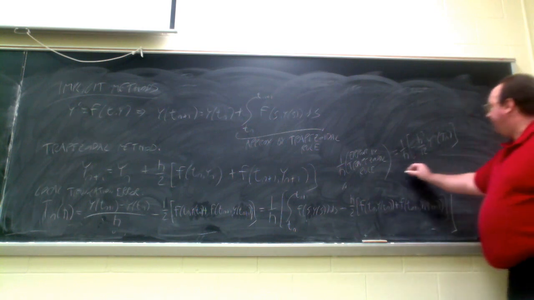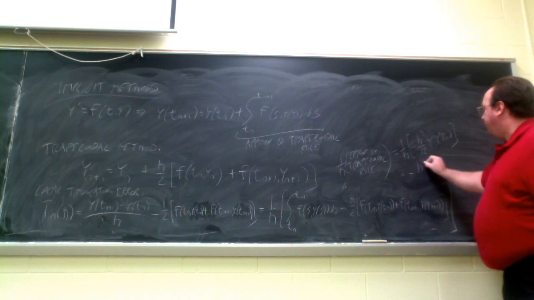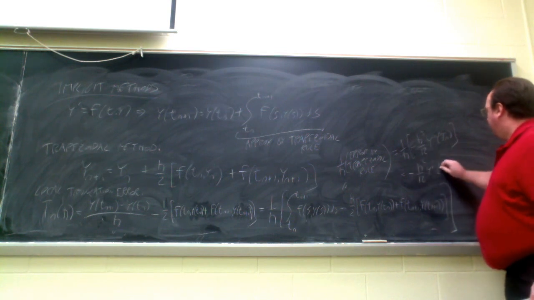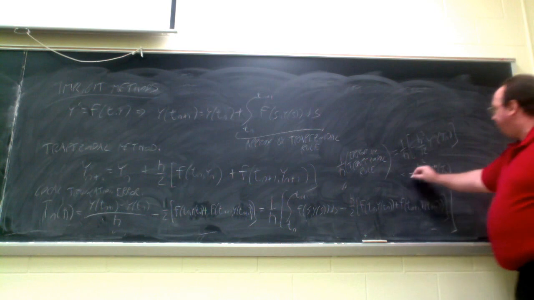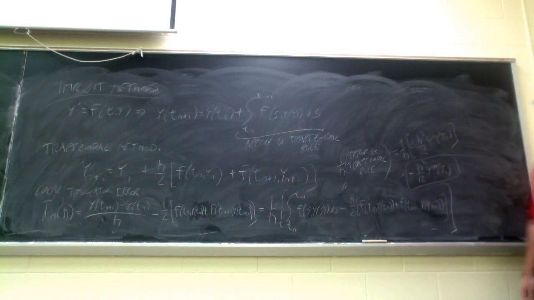So we simplify this, we get minus h squared over 12 times the third derivative. Okay. So this is the local truncation error in the trapezoidal method.